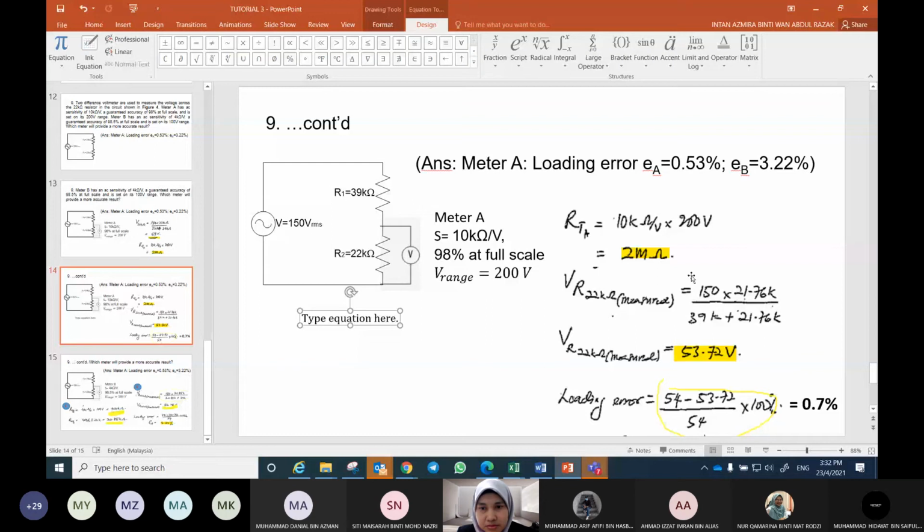Okay. How to find R equivalent? R equivalent is equal to 21.76 kilo ohm.